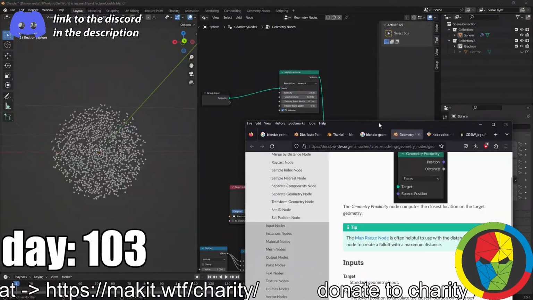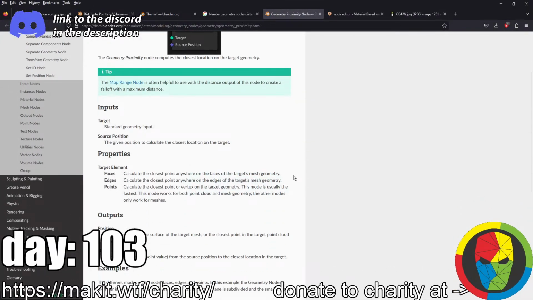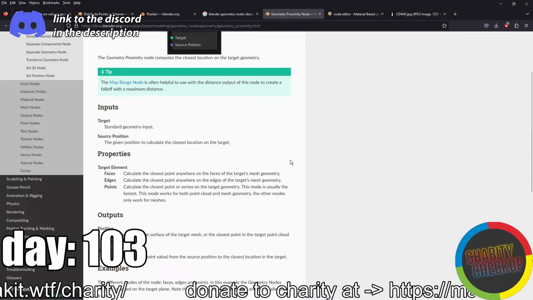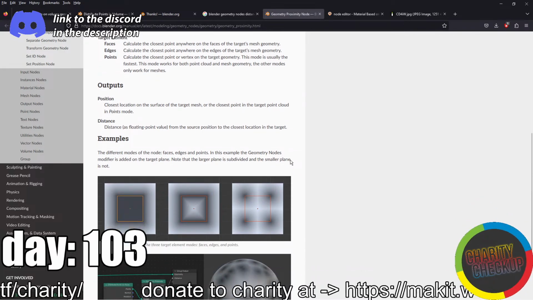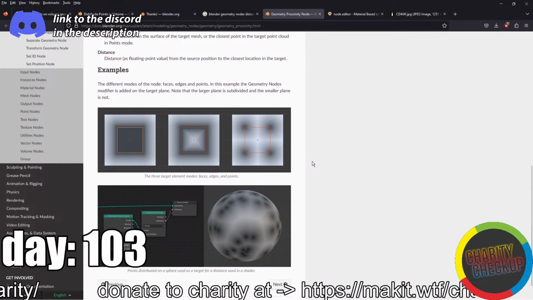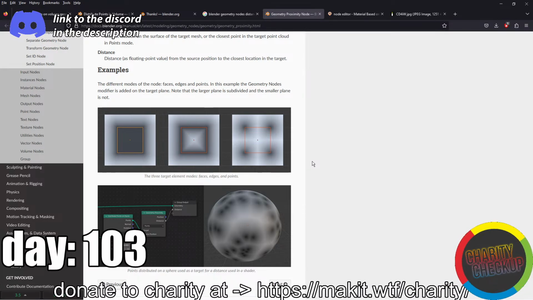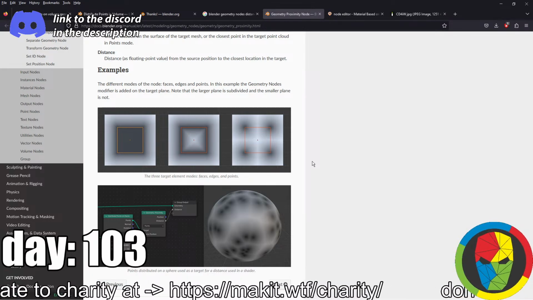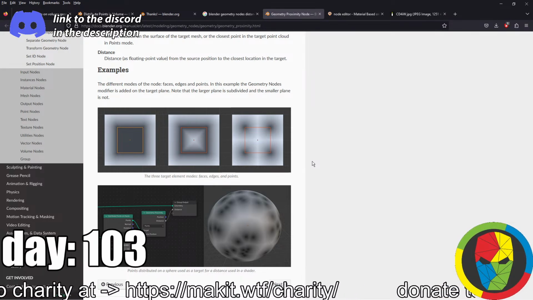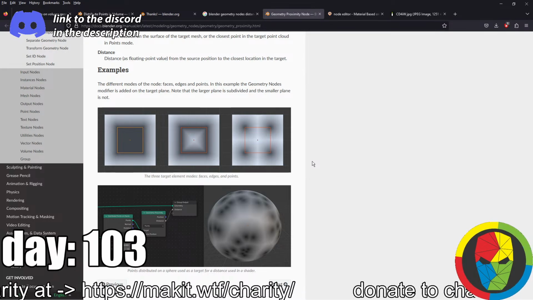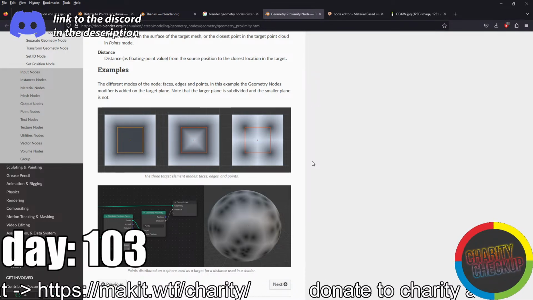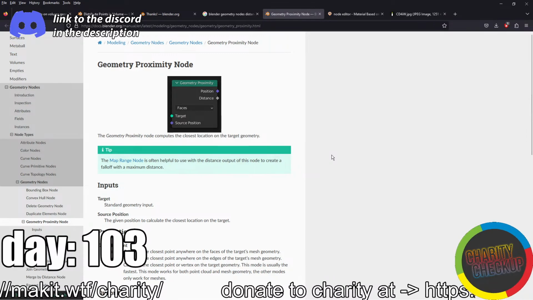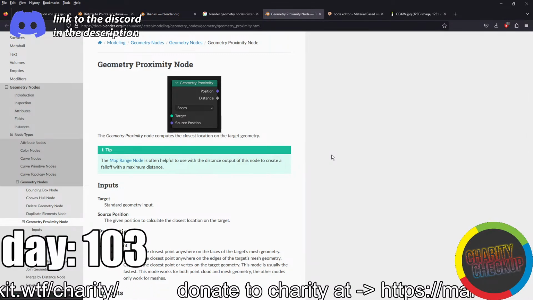I want them to be more scarce further away from the origin. Closest location to the target geometry.